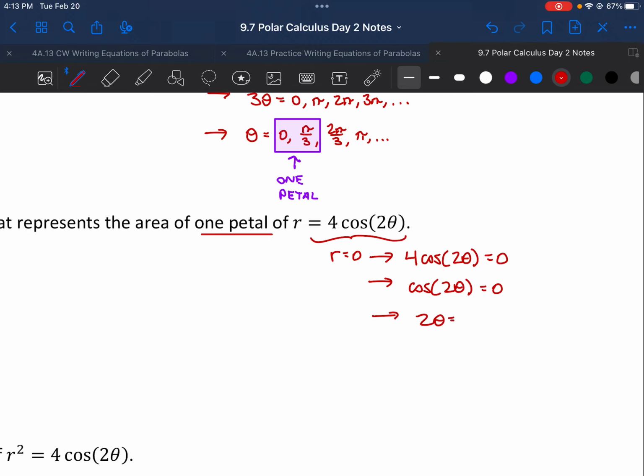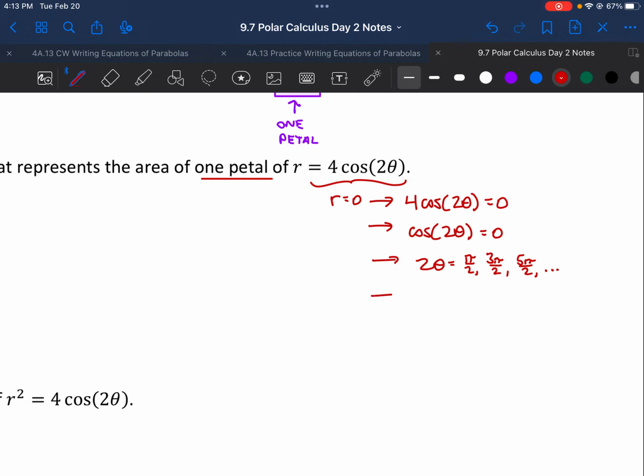Okay, so 2 theta equals pi over 2, 3 pi over 2, 5 pi over 2, and so on. Dividing everything by 2, we have theta equals pi over 4, 3 pi over 4, 5 pi over 4, and so on.